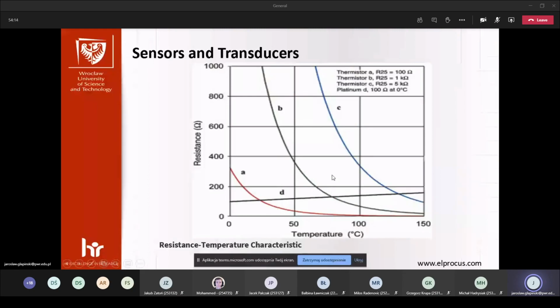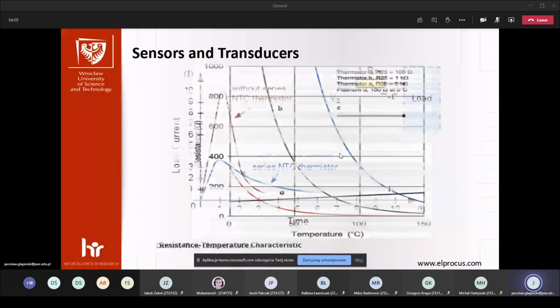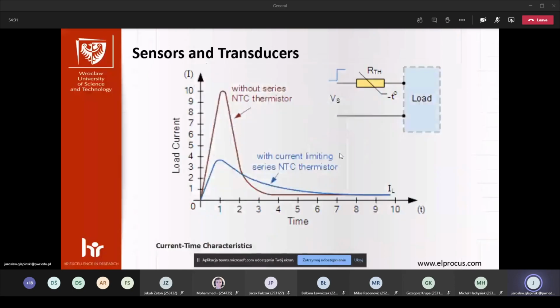But as you can see, it's not linear, so it's useful, but we have to linearize the results for NTC transducers.